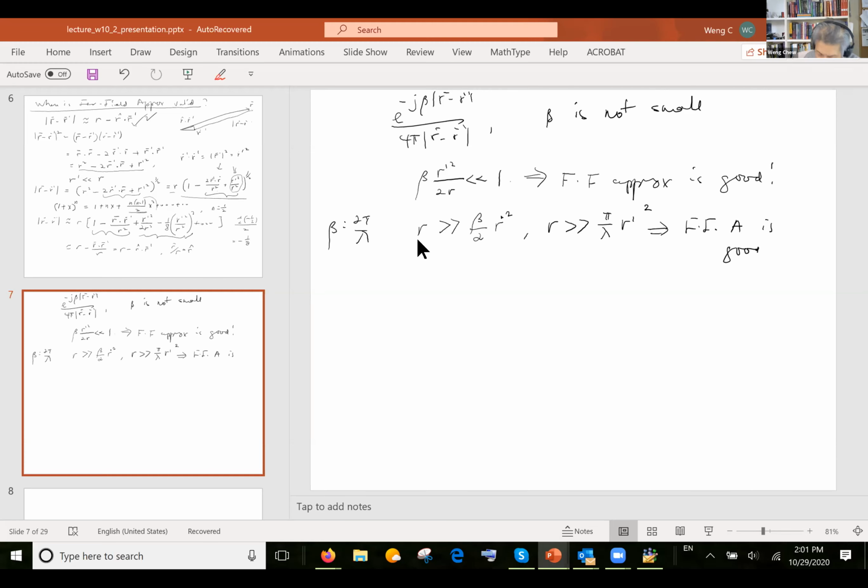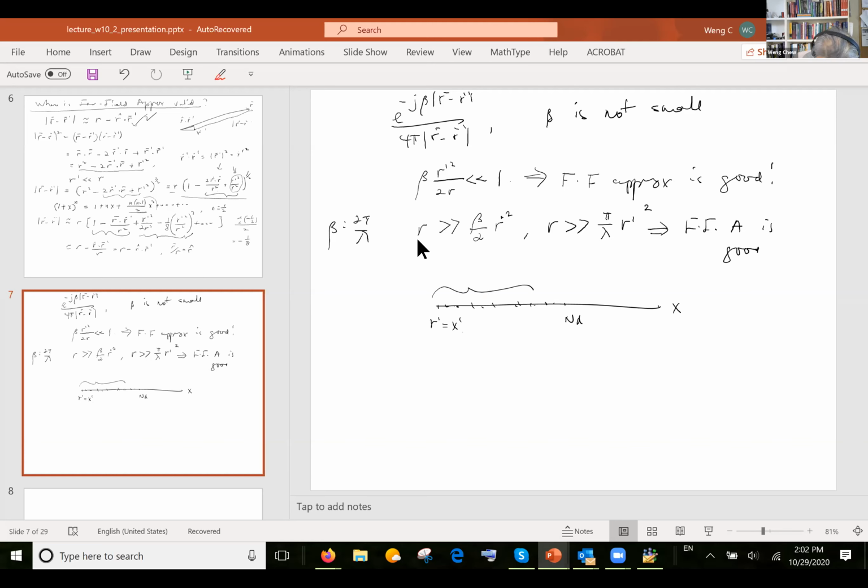Okay, what does this mean? R prime is the location of the source. So if you have an antenna array, like what we have studied before, we put the array on the x-axis, and R prime goes from zero to maybe NB, the size of the array.